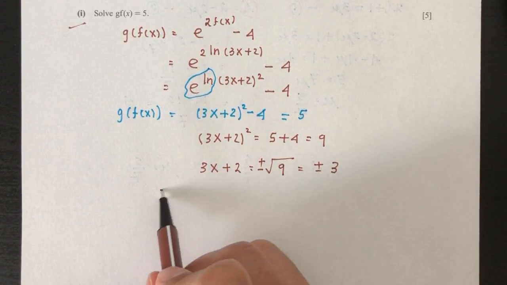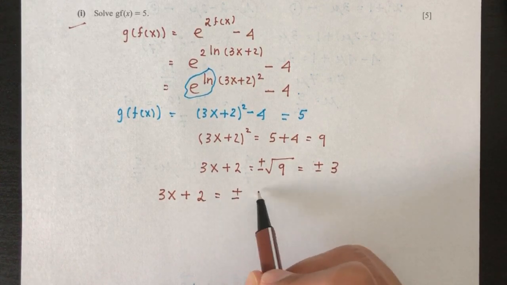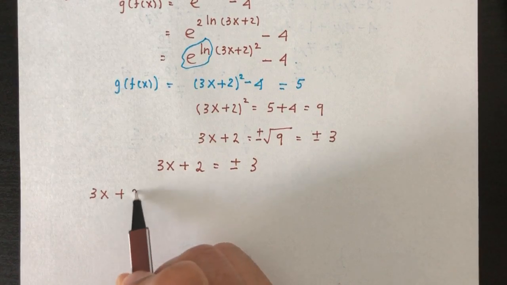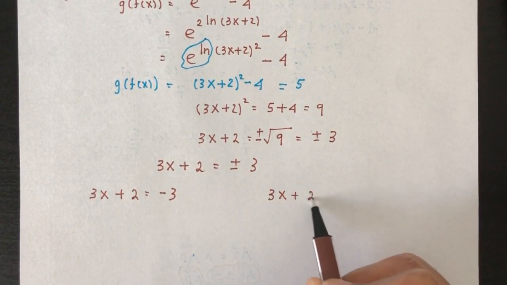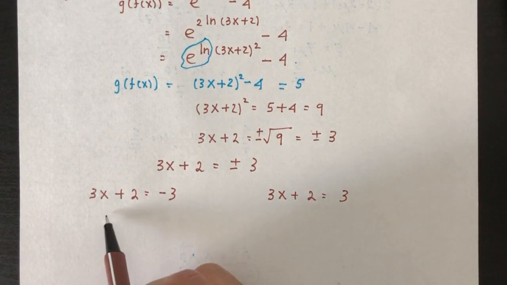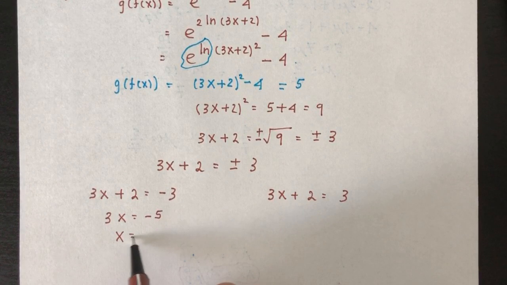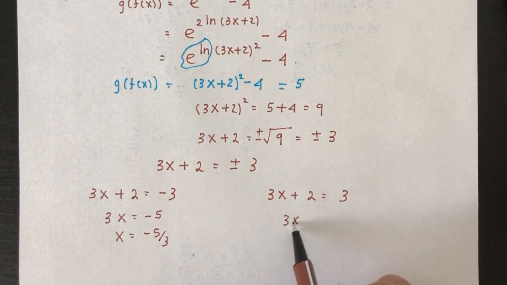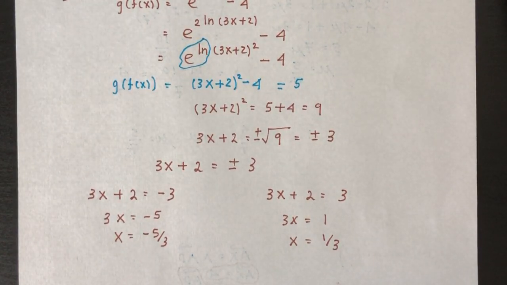So let's find both values. 3x plus 2 is equal to minus 3, or 3x plus 2 is equal to plus 3. So 3x will be equal to minus 5, x will be minus 5 over 3, or 3x is equal to 1, x is equal to 1 over 3. So two possible values of x.